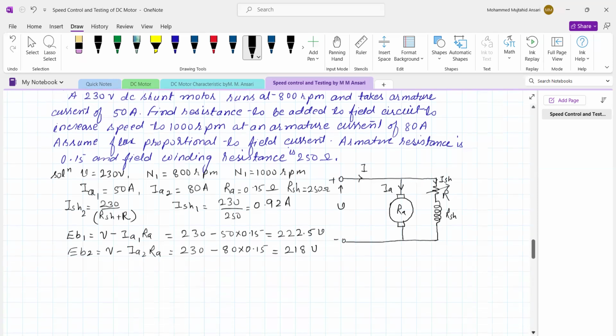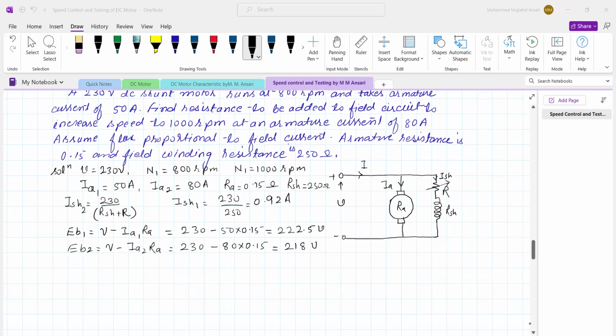So we know the relation, N2 upon N1 is equal to EB2 upon EB1 multiplied by, as the speed is inversely proportional to flux, ISH1 upon ISH2.